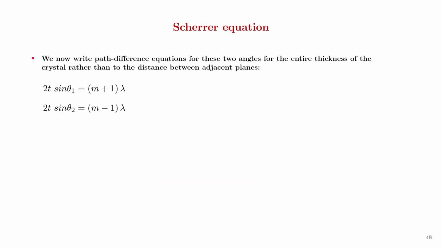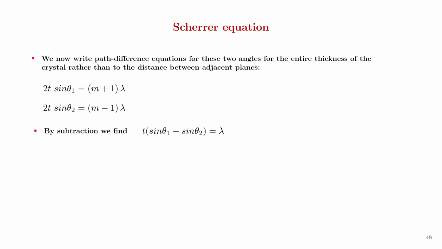We now write path difference equations for these two angles for the entire thickness of the crystal rather than for the distance between adjacent planes. We have 2t sine theta 1 equal to m plus 1 lambda and 2t sine theta 2 equal to m minus 1 lambda.